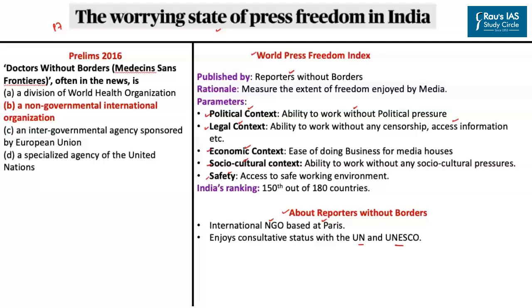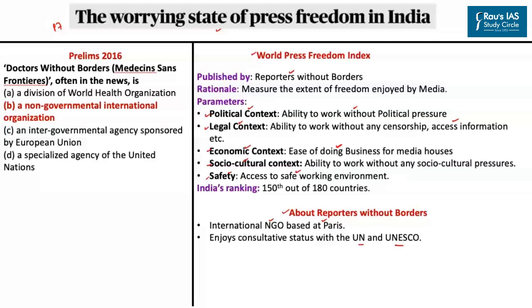Economic context means the ease with which media can carry out its business in a particular country. Socio-cultural context means the extent to which media can work without any kind of socio-cultural pressures. And lastly, safety is the safety of the people working in the media. To what extent they are able to work safely without any kind of bodily harm or without any kind of pressure.